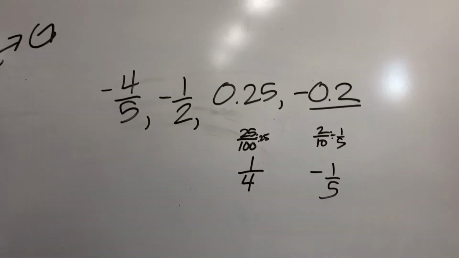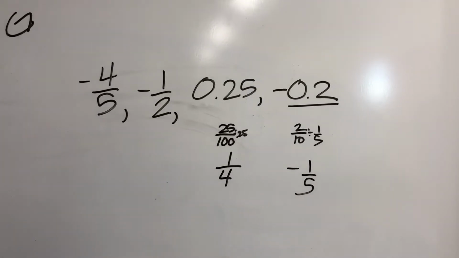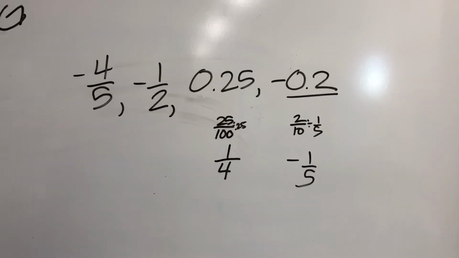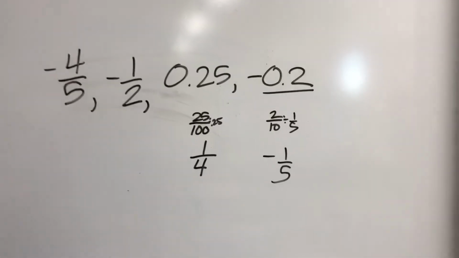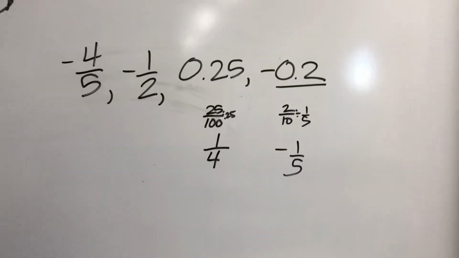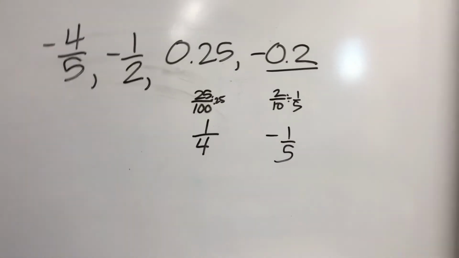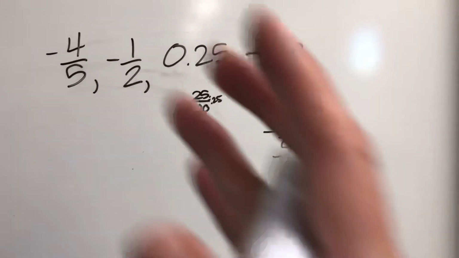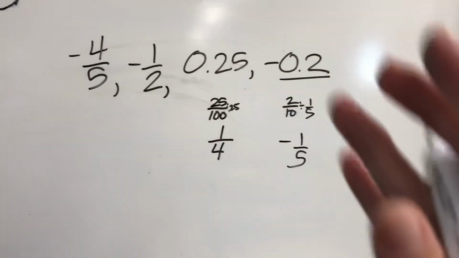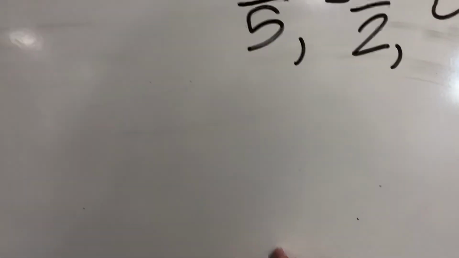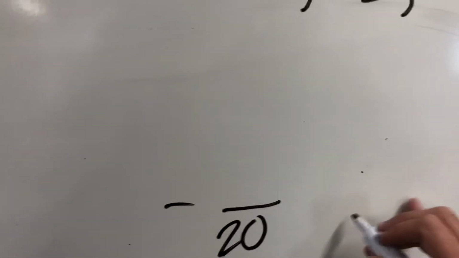Now I need to figure out where my numbers come into play here. I need to figure out if I'm looking at a number line, where would they fall? If it helps you to have the same denominator, that is a really helpful thing to take a look at. Some of you guys I know can look at these and be like, oh, yep, I know that -4/5, that's further away than my -1/5. But I'm going to show you really quick if we change these all to have a common denominator.